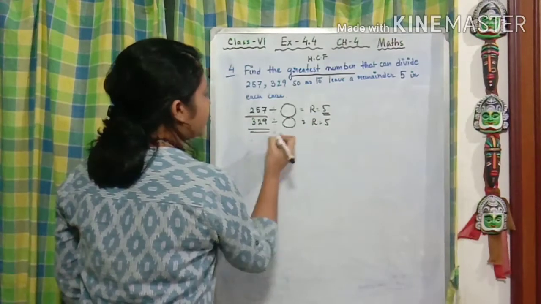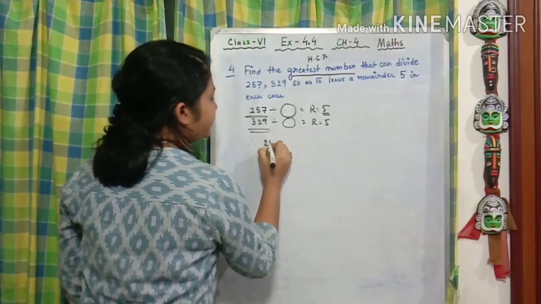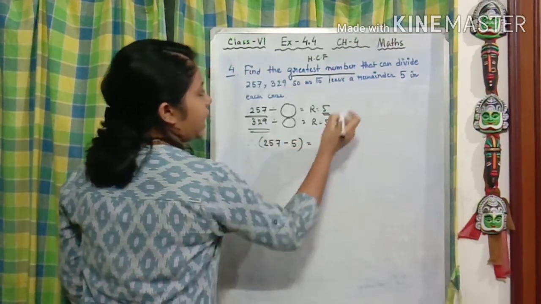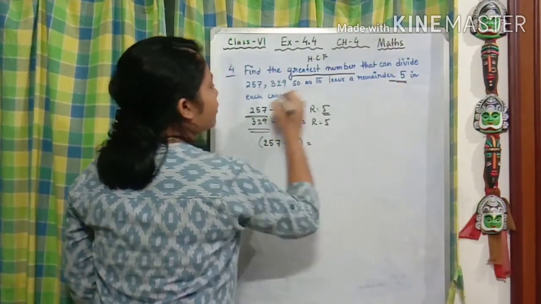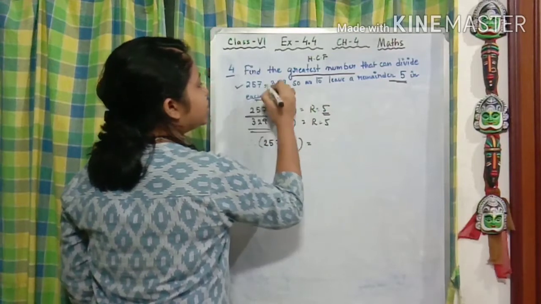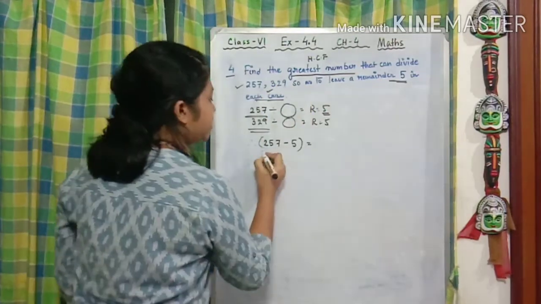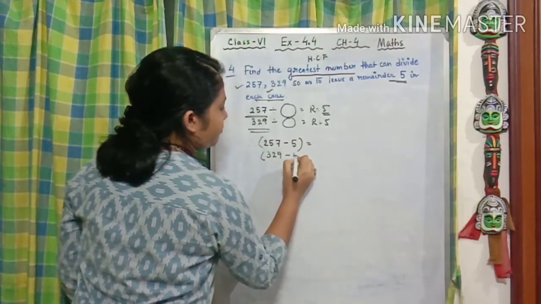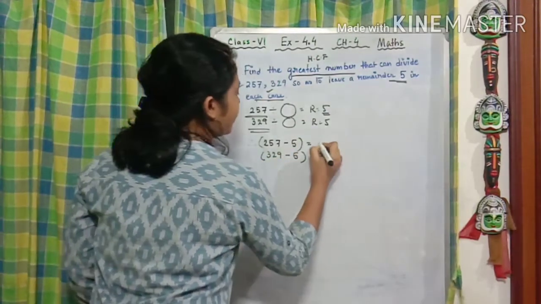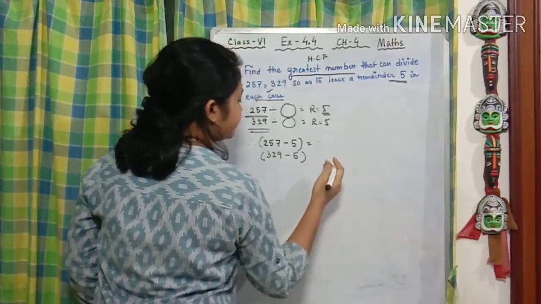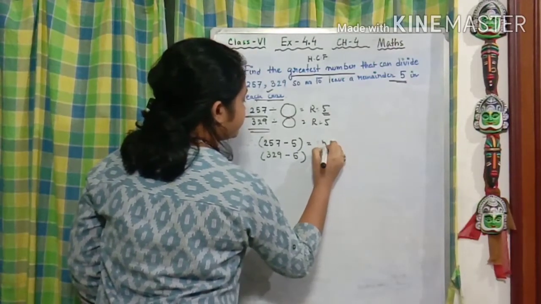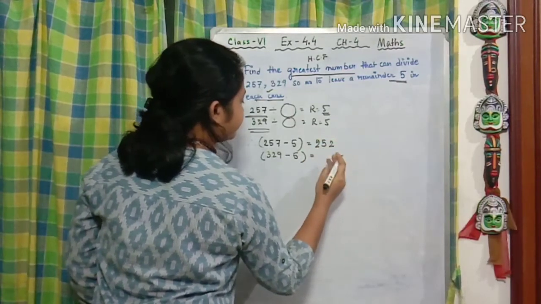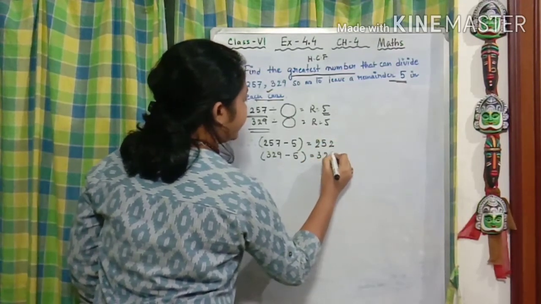So exactly this is what we are going to do. First of all, 257 minus 5, because 5 is the remainder for each case. That means for this number and this number, both, we are going to subtract it. And what is coming as the result? 252 and 324.